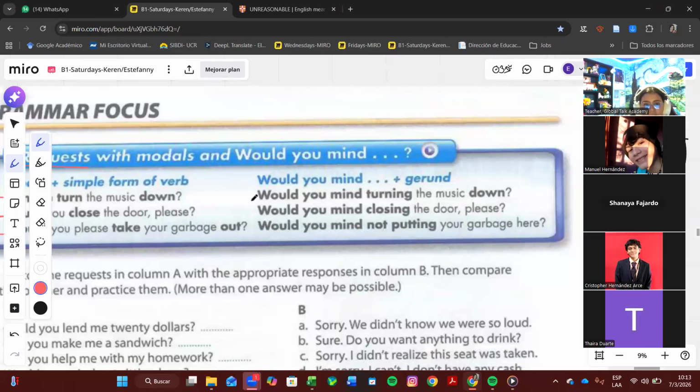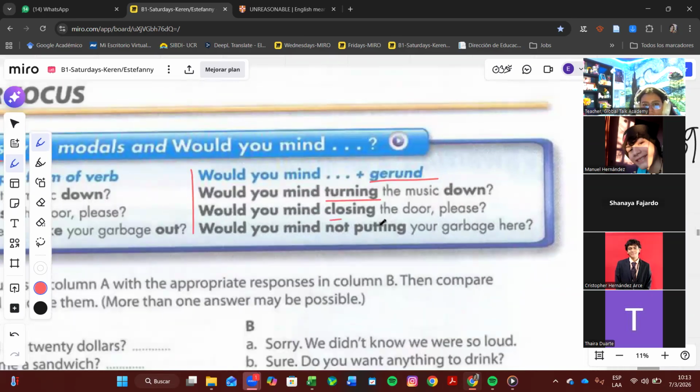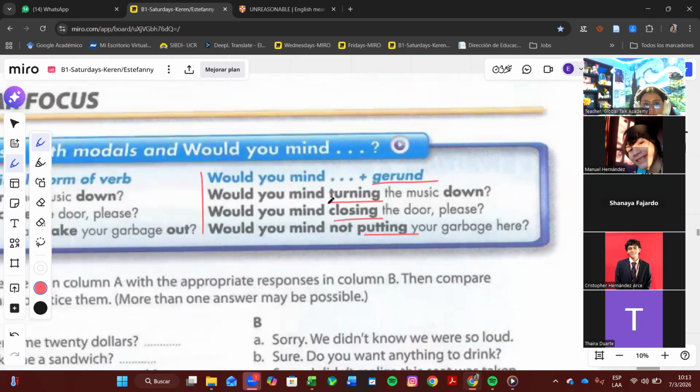Okay. And then we also have this structure, which is would you mind and the gerund, okay? The gerund is the one that finishes in ing. So, for example, turning, closing, putting. So, would you mind turning the music down? We know that when we use would you mind, we have to use the gerund.